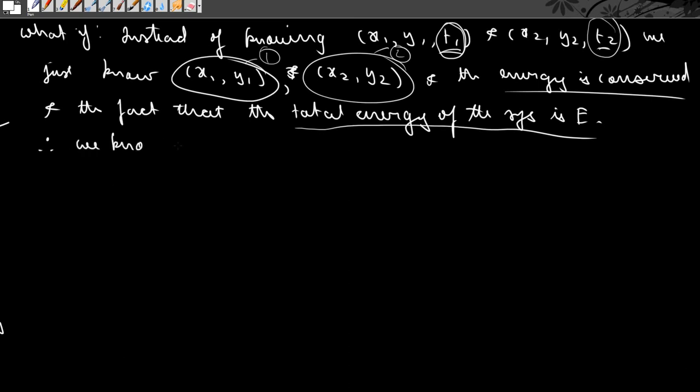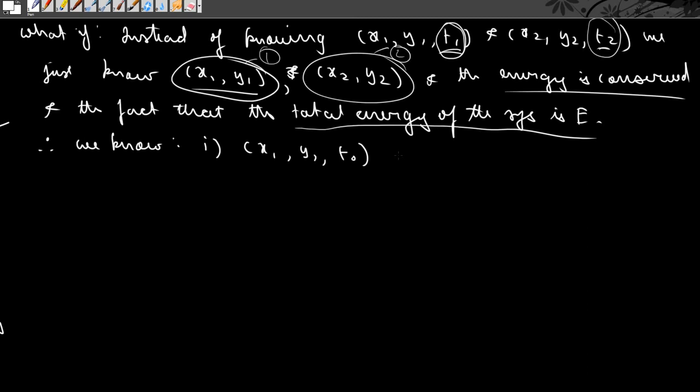Okay, so to summarize that, we know the following. First, we know x1, y1, and we can arbitrarily choose the starting point as x1, y1, and therefore we can assign some time t0 to that. You can consider this as the origin of time. It doesn't matter, because all that we are concerned with is how the system goes from point 1 to point 2.